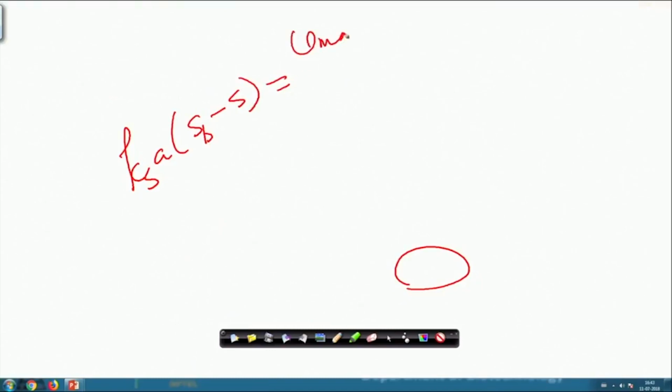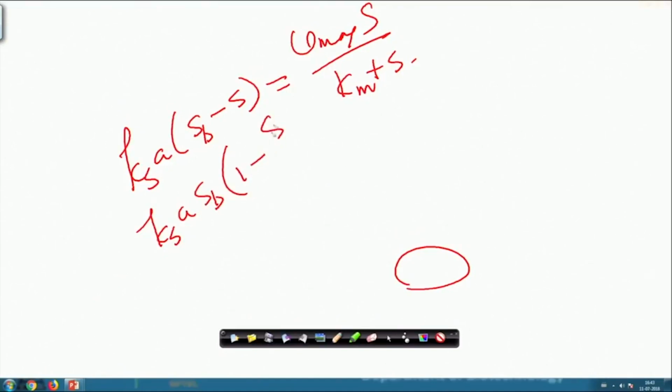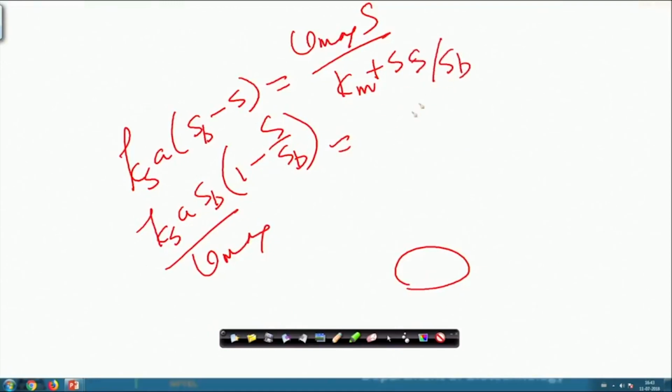Now if you do that, Ks A into Sb minus S equals Vmax S divided by Km plus S. And what I can write is Ks A Sb, if I take it common, S by Sb, and Vmax I can take here, and this is equal to S by Sb divided by Km by Sb plus S by Sb.